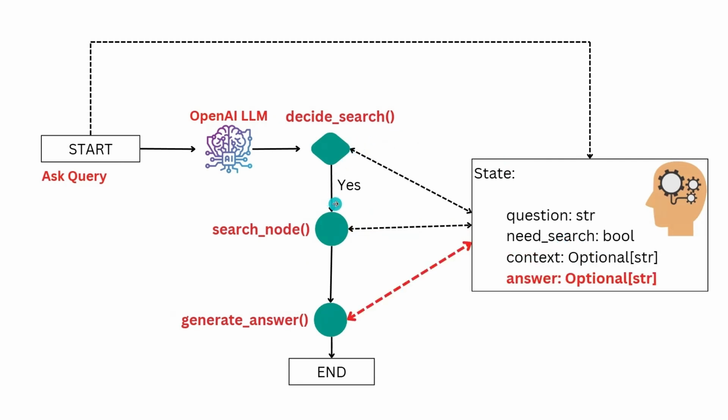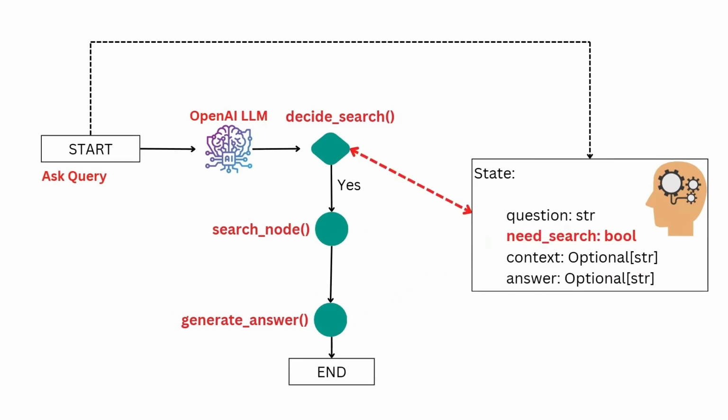Based on the route of our graph, the generate_answer function will get called. Our LLM will read the context and the question from shared state and invoke the agent to provide an answer. Now, in the end state, it will return the response to the end user.